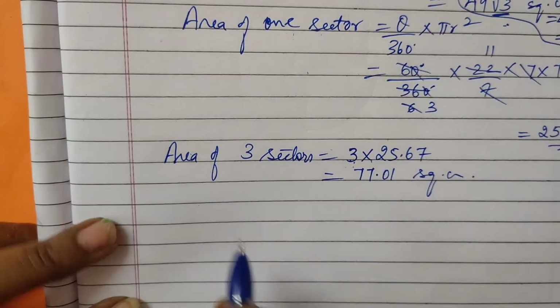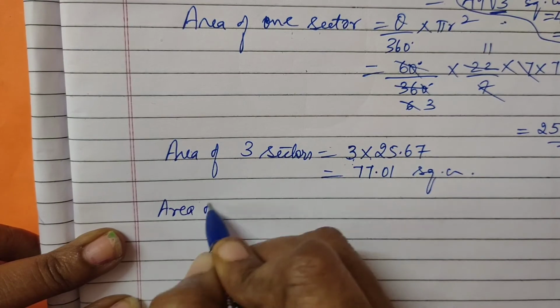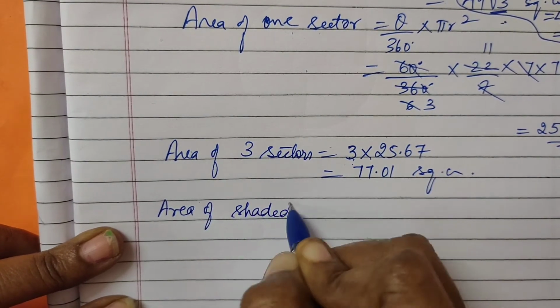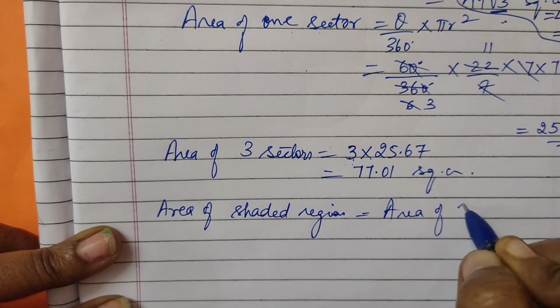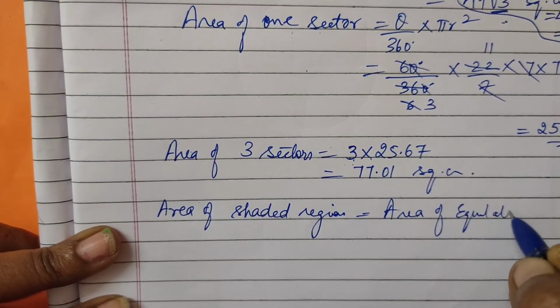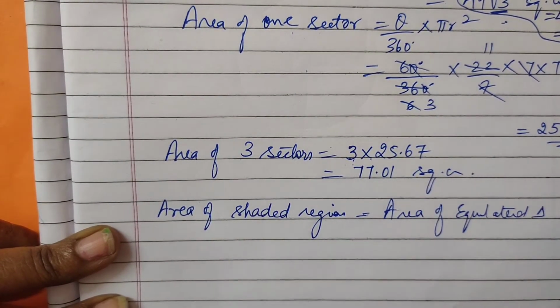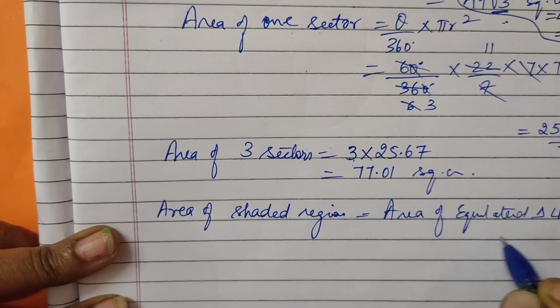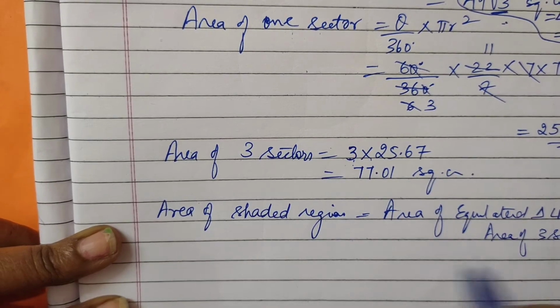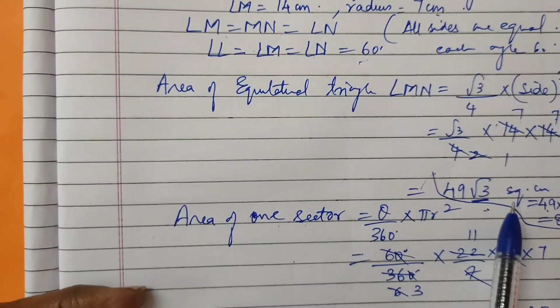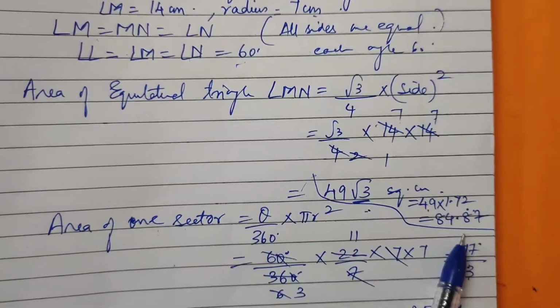The area of a shaded region equals area of the equilateral triangle LMN minus area of 3 sectors. So what is the area of the equilateral triangle? We have written here 84.87.